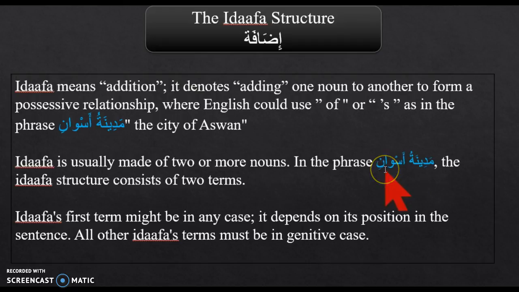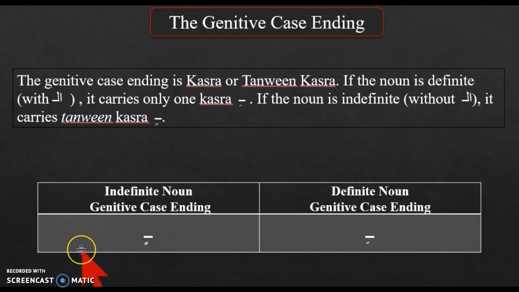Both are considered nouns. Idaafa's first term may be in any case. It depends on its position in the sentence. All other terms of Idaafa must be in a genitive case. Let's understand what I just said together. First, let's see what the genitive case is, and then we go over an example.